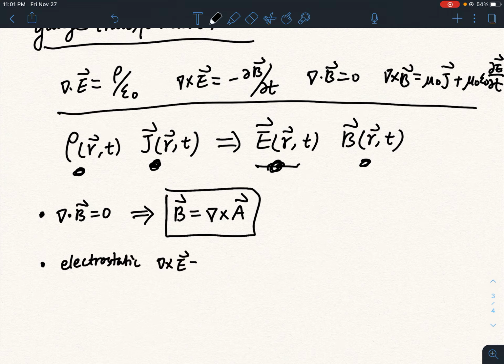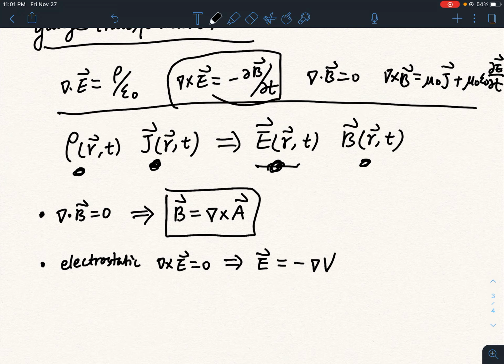Remember for the electrostatic case, we have del cross E equals 0. There, we said that the electric field does no work, so we can define a potential and define E as minus del V. However, now for this electrodynamic case, del cross E is not 0 anymore.